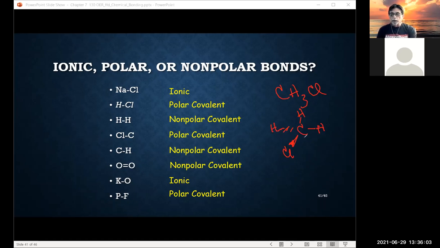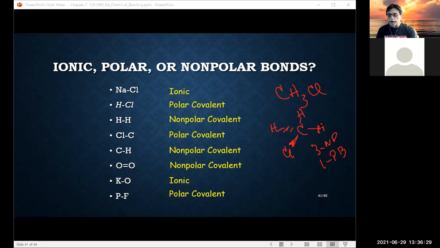So we have a polar bond here, carbon chloride, but overall the molecule is polar. We have 3 nonpolar bonds and 1 polar bond, so overall this molecule is polar because of the 1 polar bond.